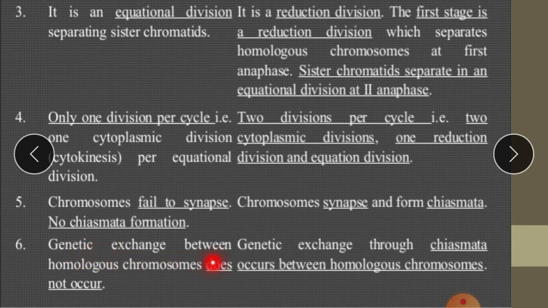Genetic exchange between homologous chromosomes doesn't occur in mitosis, whereas in meiosis, genetic exchange through chiasmata occurs between homologous chromosomes.